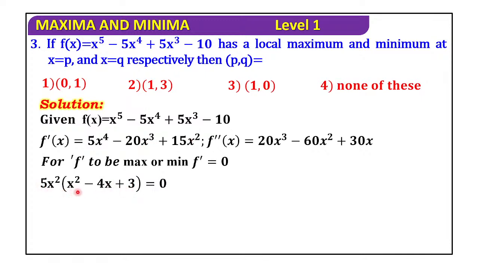So 5x square into x square minus 4x plus 3 equal to 0. In the next step, equate 5x square equal to 0 as well as x square minus 4x plus 3 equal to 0. By equating these two terms to 0, you get x equal to 0 as one value, and you factorize x square minus 4x plus 3. You get 1 and 3 for x values. Clear?